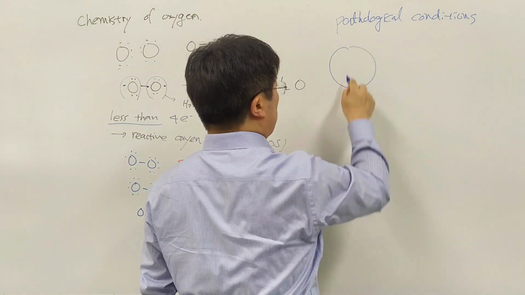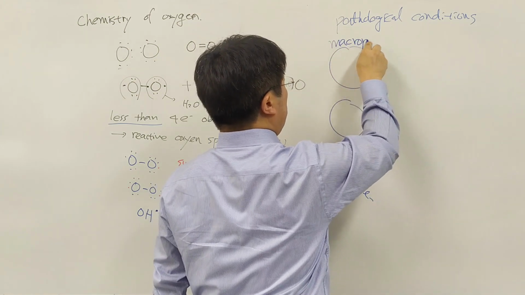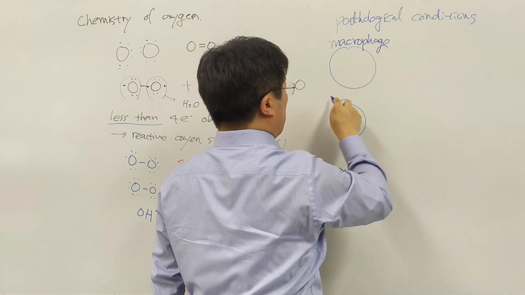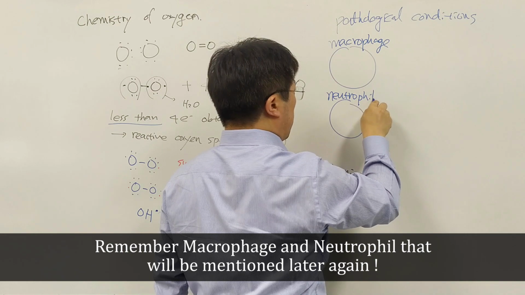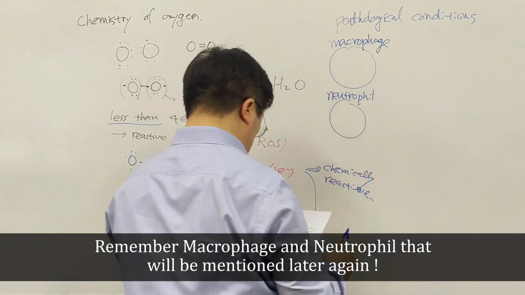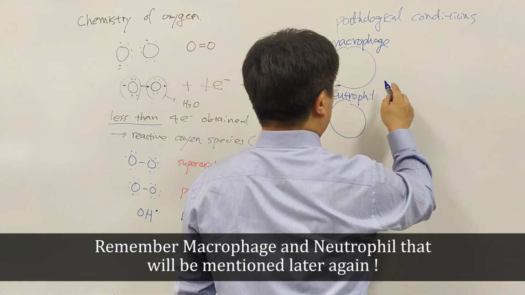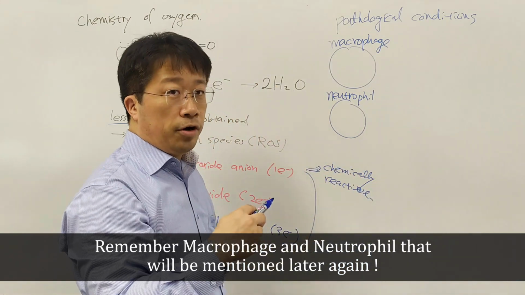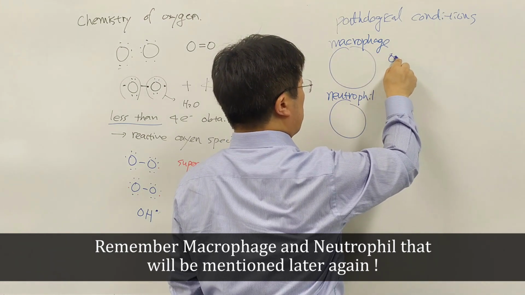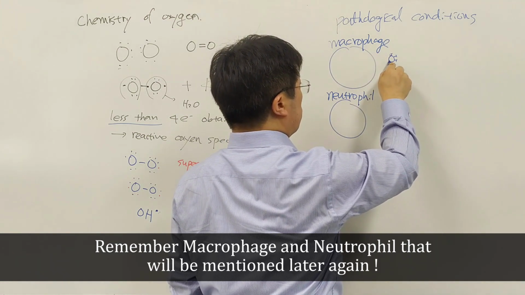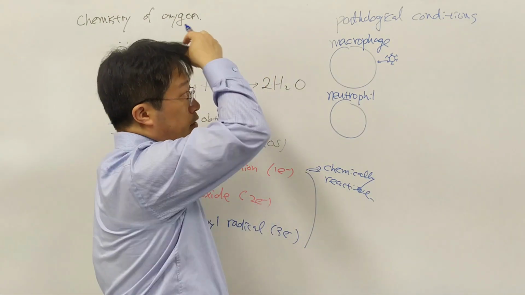So we have some cells we call macrophage and neutrophils. Then when the bacteria or virus, for example, comes here, they infect.